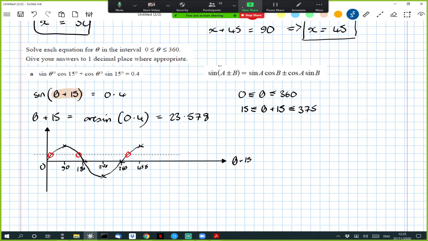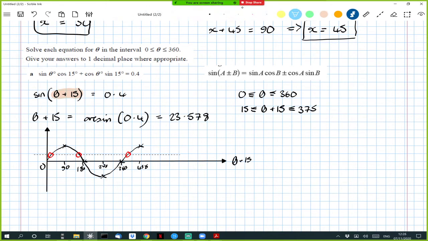So the first solution, well, the graph starts at the bottom of the hill, and we have to walk 23.578 to get to the first solution. Starting at the bottom of the hill at that side, we're going to have to again walk the same distance, but this time to the left.